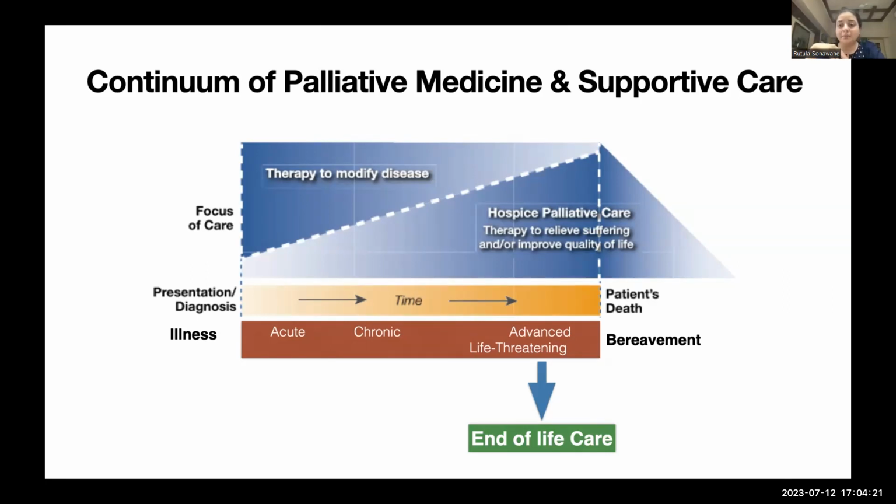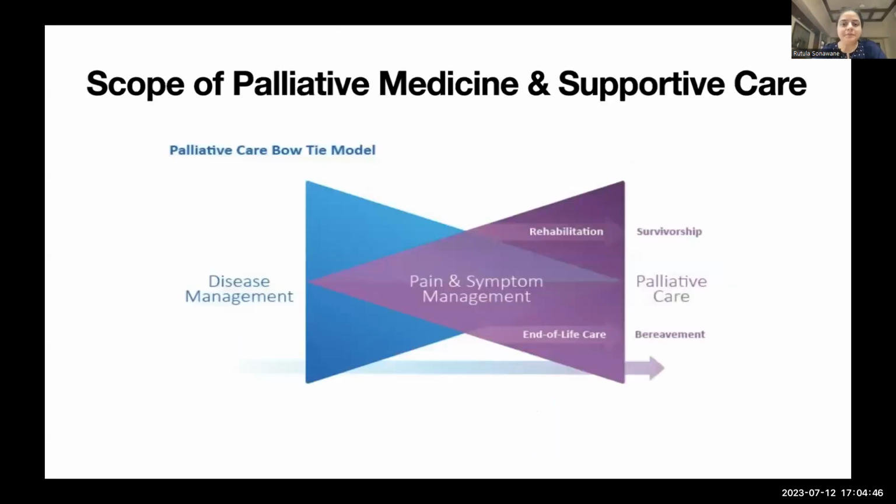Now, though the graph is drawn linear, it is important to know that it is not linear. Our consultation may be more sometimes and less at other times. It is up and down. Wherever we are needed more, our input should be more. So it's important to remember it's very flexible and fluid. But it starts from the diagnosis and extends beyond the death of the patient.